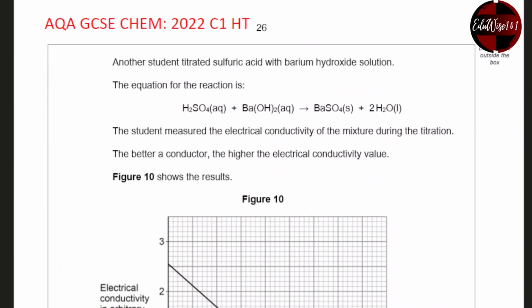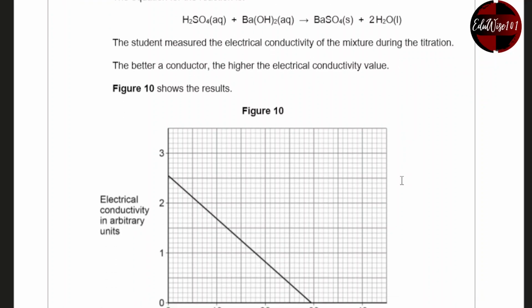Another student titrated sulfuric acid with barium hydroxide solution. The equation for the reaction is 1 mole of sulfuric acid is reacting with 1 mole of barium hydroxide to give 1 mole of barium sulfate and 2 moles of water. The student measured the electrical conductivity of the mixture during the titration. The better conductor, the higher the electrical conductivity value. Figure 10 shows the results.